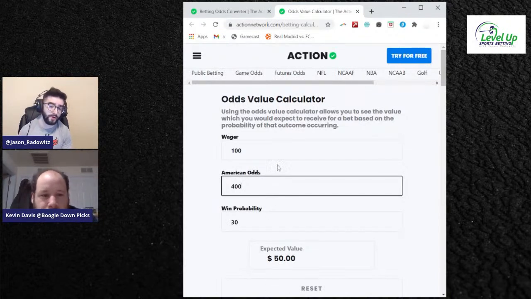As we saw earlier, at minus 145 with a 70% win probability is a great bet. And we just saw it should be around minus 245. So right now you're getting Washington State at around minus 145 when most models and projections would say that they should be around a minus 245 favorite. So if you're looking for a bet today and you want to use some of Kevin's thoughts and details, definitely look at Washington State as one of the plays you can take today.